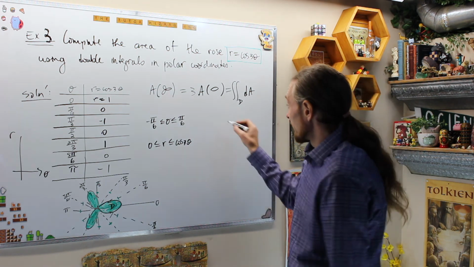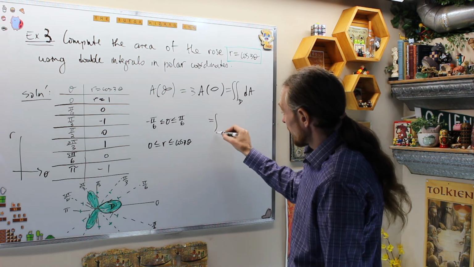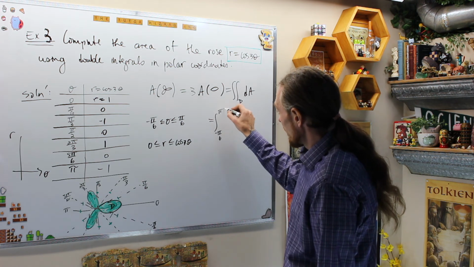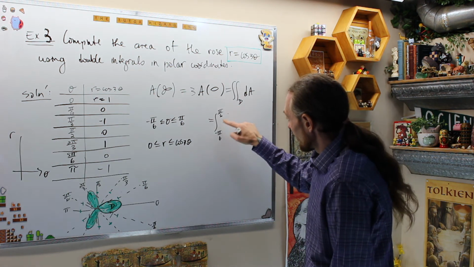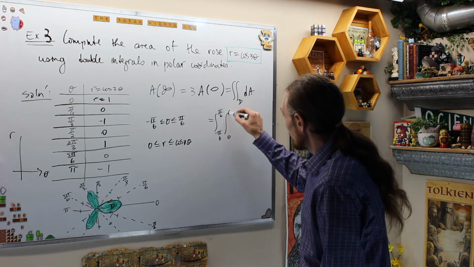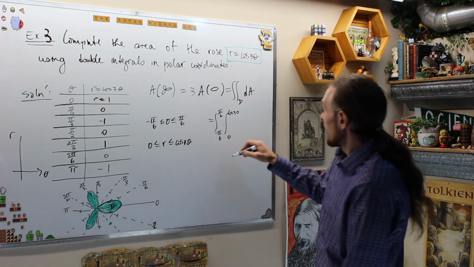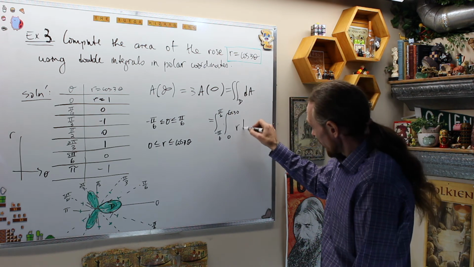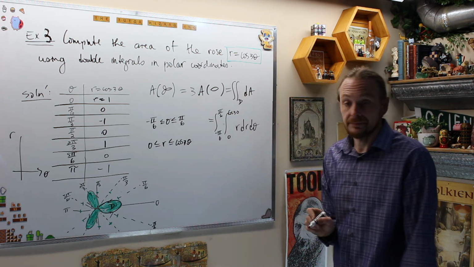And therefore, this double integral is going to be equal to the integral from negative pi over 6 to pi over 6 of the integral from 0 to cos 3 theta of just 1, but remember we get r d theta.